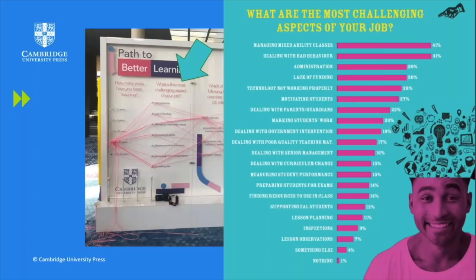But it's interesting to me that managing mixed ability classes, where we have different types of learners in our classes all in one space, continues to be an issue. I would imagine that if we did another survey these days, post-COVID, some of the most challenging aspects of our jobs have changed, but this one is likely still a constant.